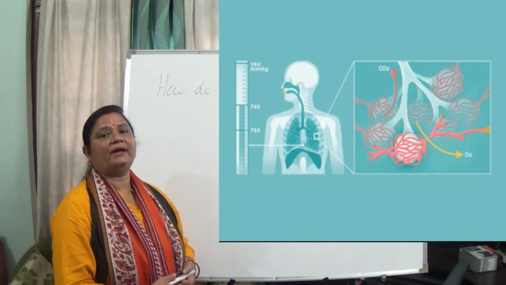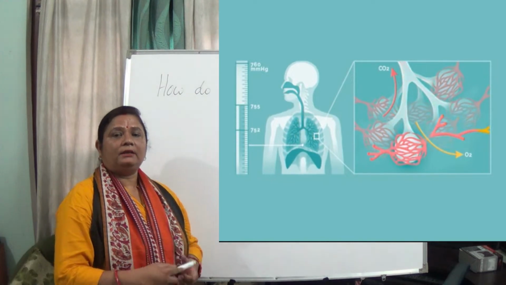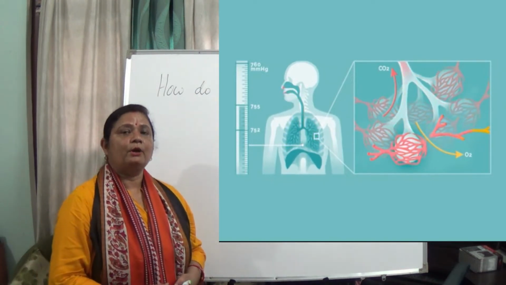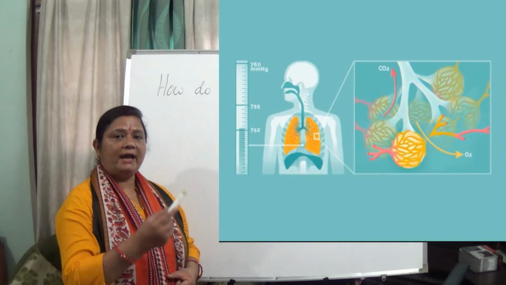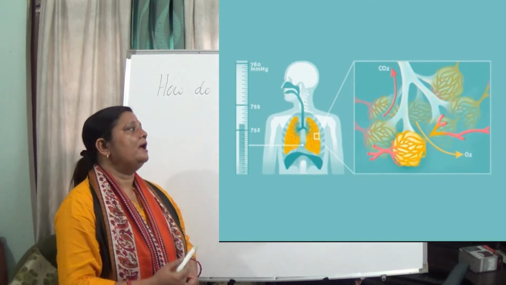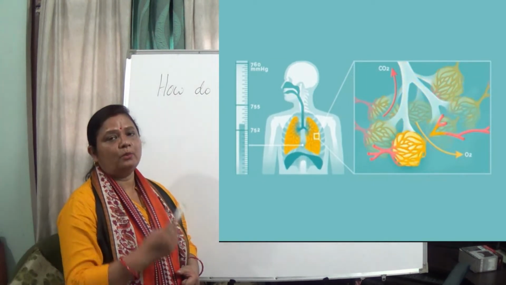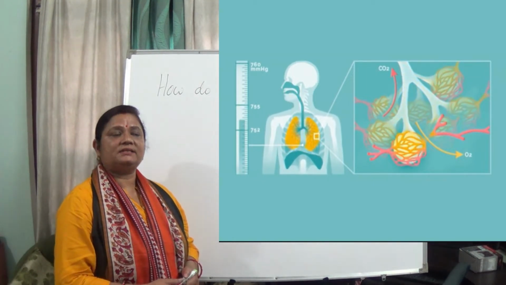How do we respire actually? We take in air from the two nostrils. This enters the nasal passage, which has hair.